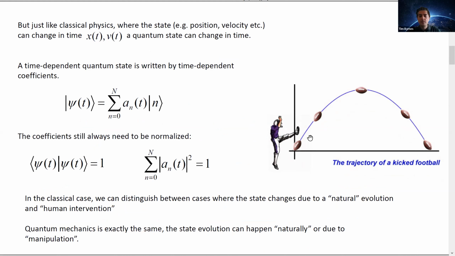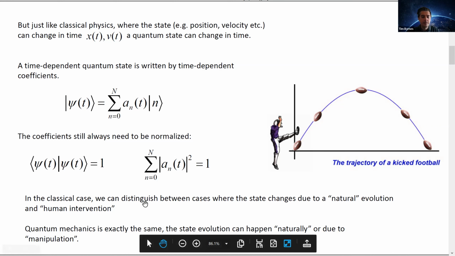So because of him kicking it, that has altered the state and the trajectory of the ball. This change in the state of this ball has happened directly because a person has come along and done something to it, and the time varying aspect of it is kind of man-made, if you like, right?